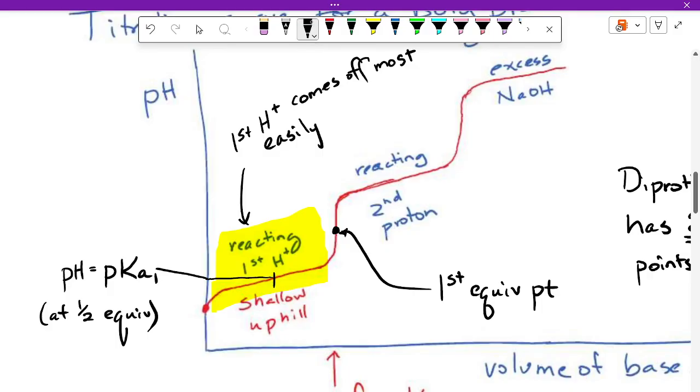Then we are reacting the second proton. And we hit a second equivalence point in the midpoint of our second vertical section. However many protons there are, yes. So if it were triprotic, it would go 1, 2, and 3. This one just goes 1 and 2.